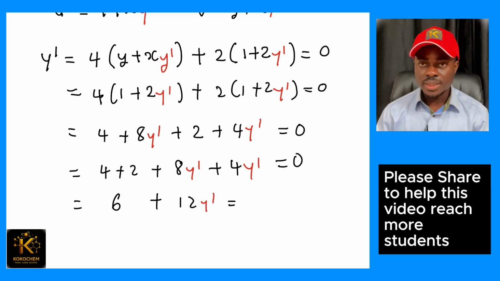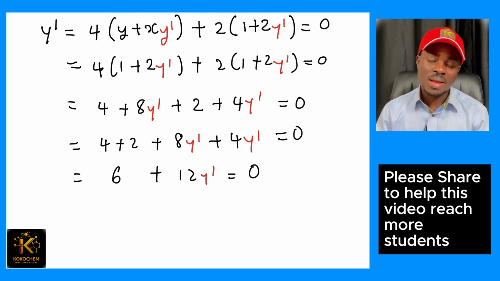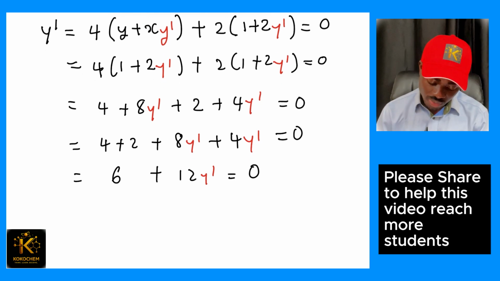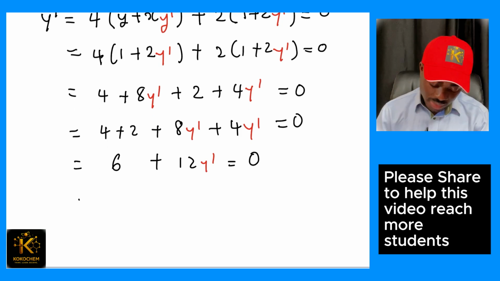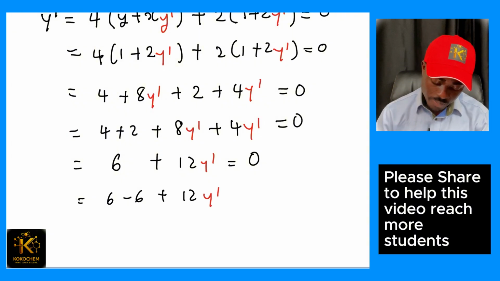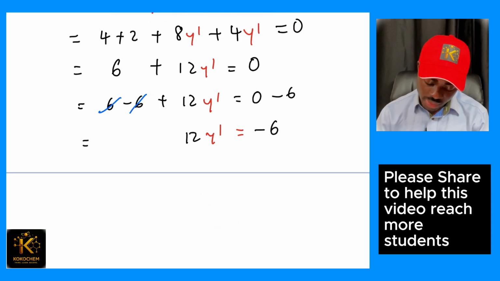equal to 0. So what do we do? We perceive y prime as the subject, so subtract 6. 6 minus 6 plus 12y prime is equal to 0 minus 6. 6 minus 6 is gone, so 12y prime is equal to negative 6.